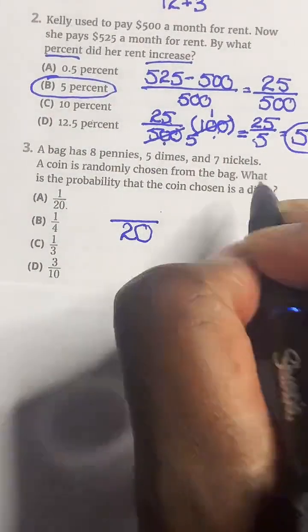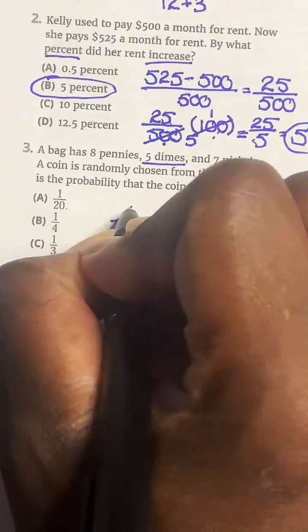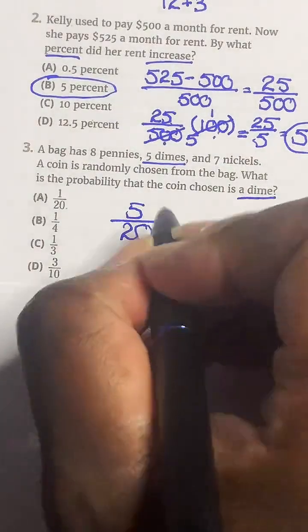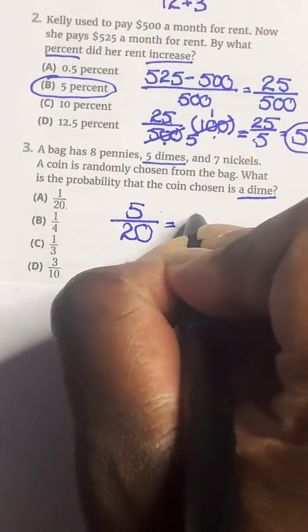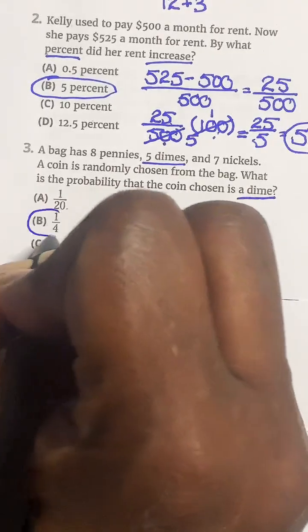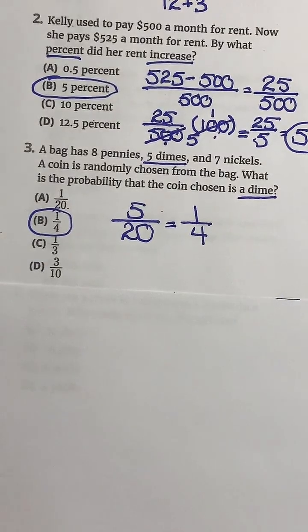So we're only looking for the opportunity to get dimes. Well, there's 5 dimes. So 5/20ths, that can be reduced by 5. So that gives us 1/4, which gives us B. A couple of you were giving me 5/20ths, which is fine, but always look to reduce.